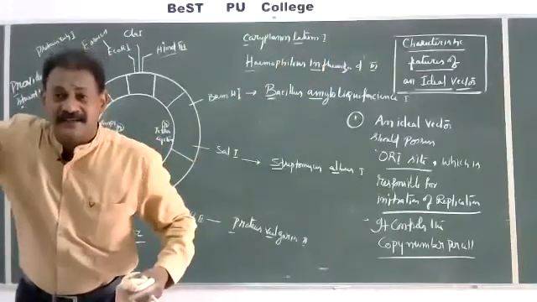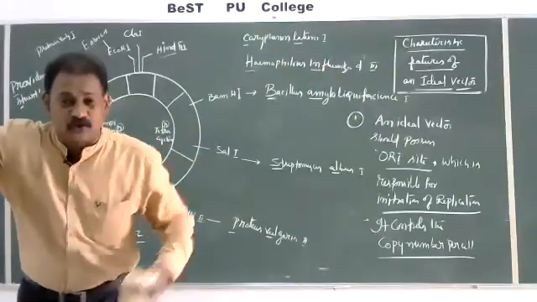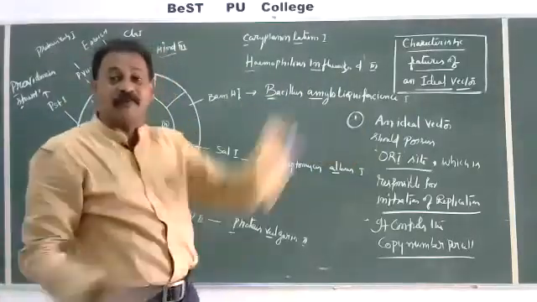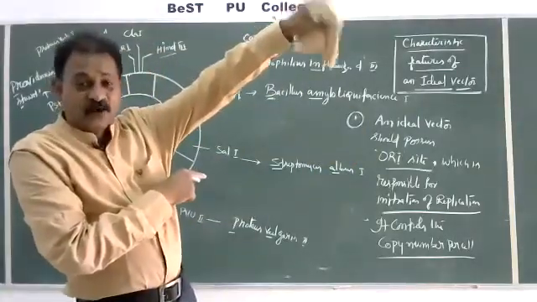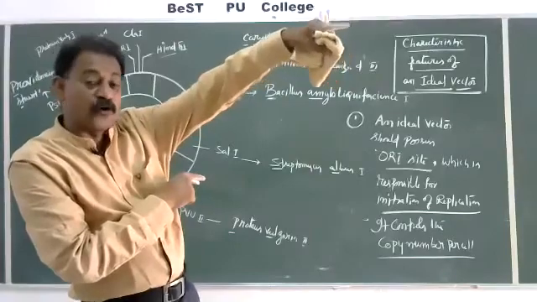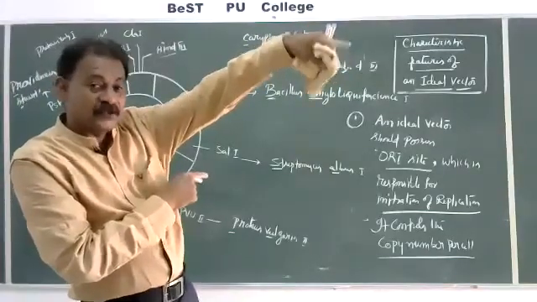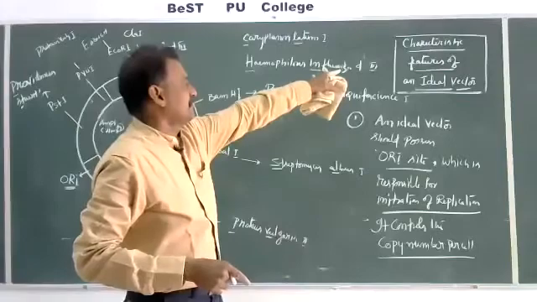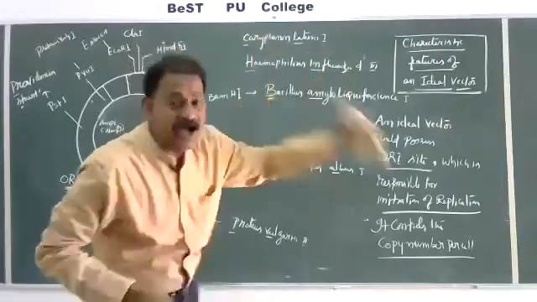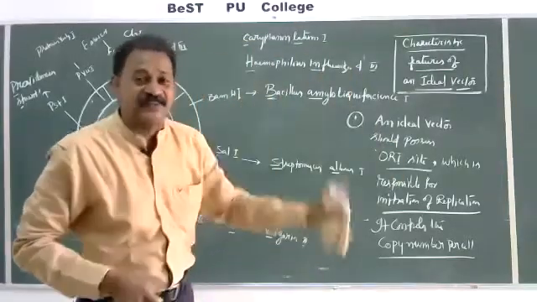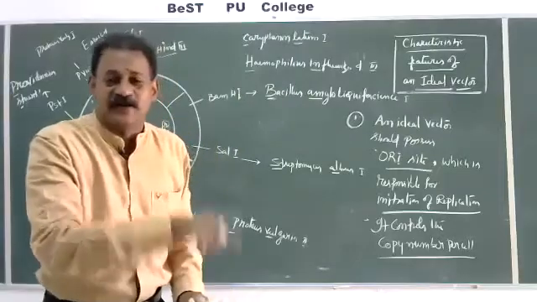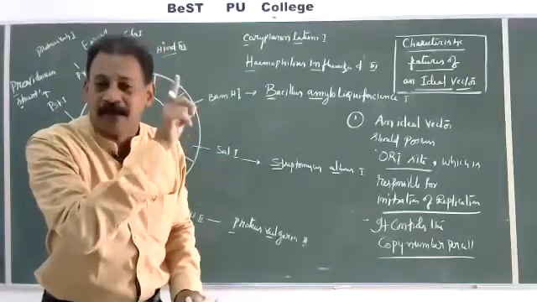So a scientist going for recombinant DNA will choose those RE sites which produce a higher copy number per cell. So the first character of an ideal vector is that it should have an RE site, and that RE site should give a high copy number per cell.